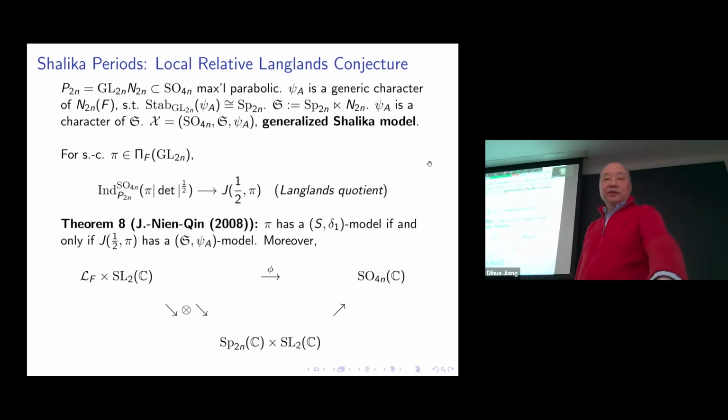And then in the 2008 paper, I did it with my student, and we proved that, you know, the Arthur parameter now you have this SL2 part. So you factor through like this. Okay. So again, this triple, the dual group of that will be SP2n. Okay.